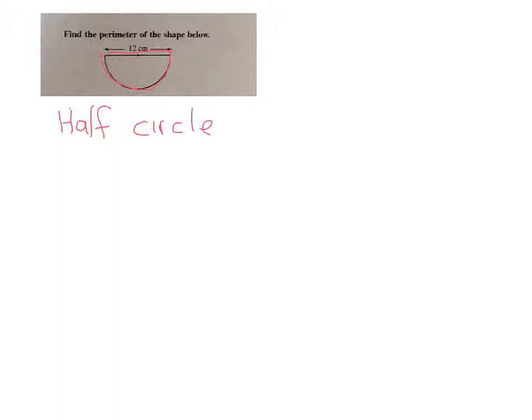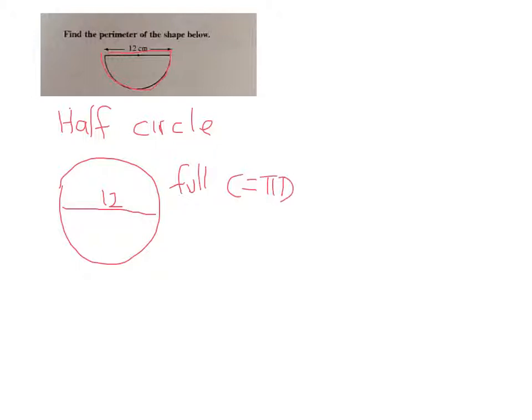What we are given is a full circle. Oh, sorry, we're given a half a circle, but it's sort of like a full circle with a diameter of 12. So if we were going to work out the circumference of the full circle, C would be equal to pi d. Because we only need half of the circle, then our length around the half circle would be a half times by pi d.